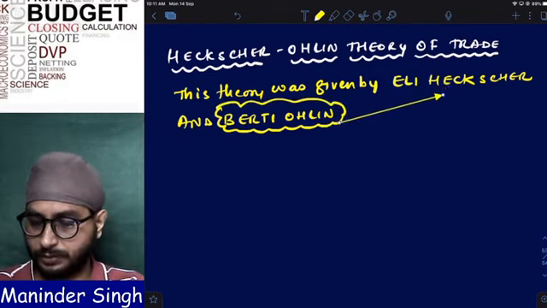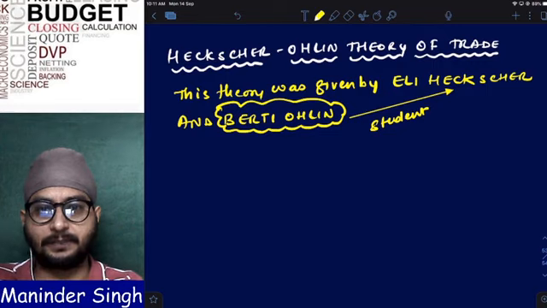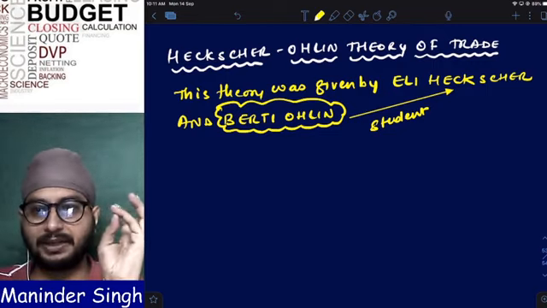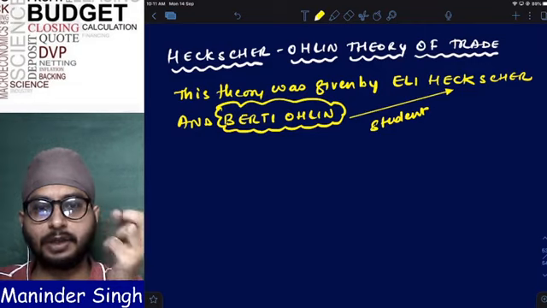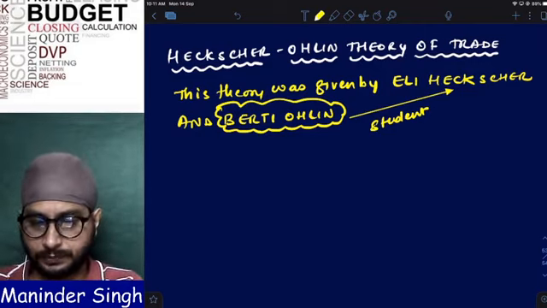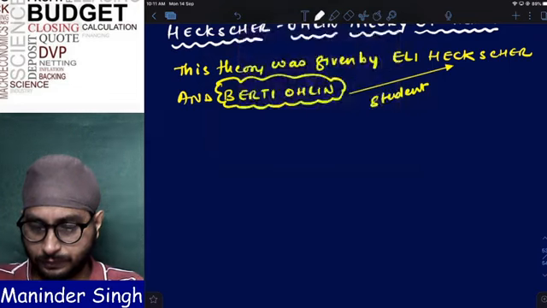So these people together have given this theory. Who are they? Eli Heckscher and Bertil Ohlin. Bertil Ohlin was a student of whom? Eli Heckscher. Clear?